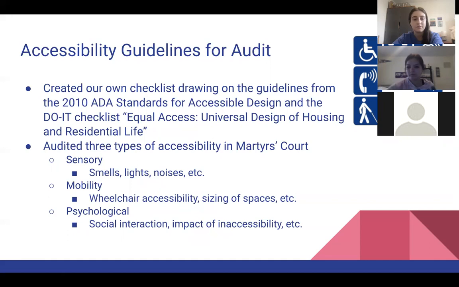We made this more applicable to the res life that we were looking at, and we audited 3 types of accessibility. We did sensory, which is things like smells, lights, and noises; mobility, like wheelchair accessibility and sizing of spaces; and then psychological, like social interactions and impact of accessibility.